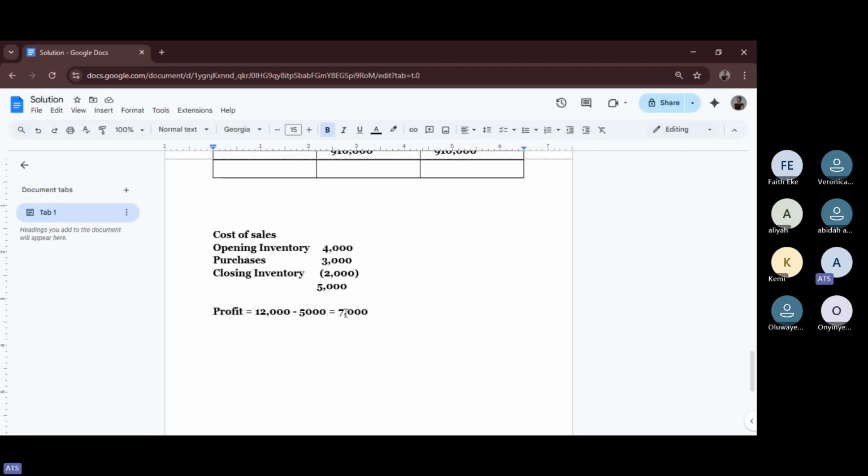If your opening inventory is supposed to be 100,000 and you recorded 150,000, your profit will be short by that 50,000 extra that you added to your opening inventory. So we add that shortage back to the profit. Exactly. That is what we mean by add back increase in opening inventory.